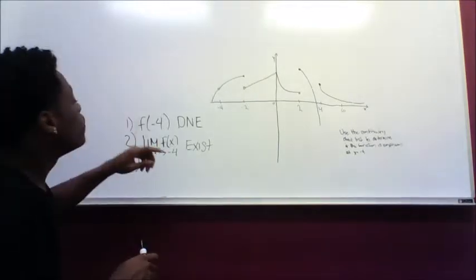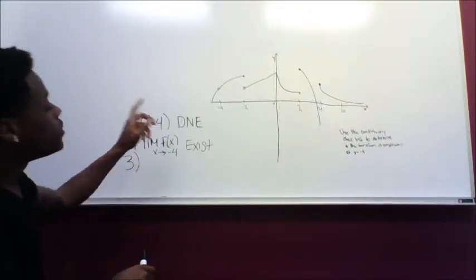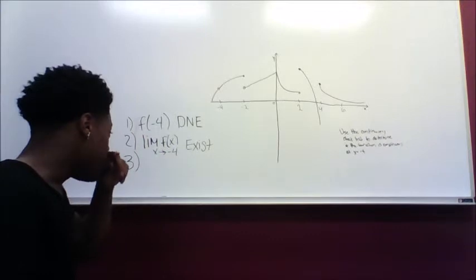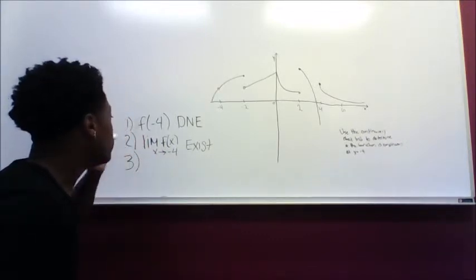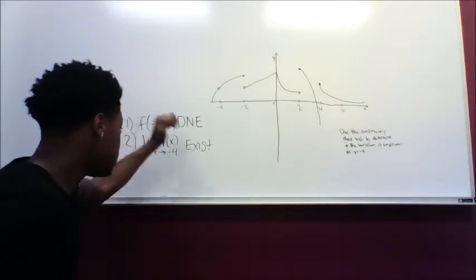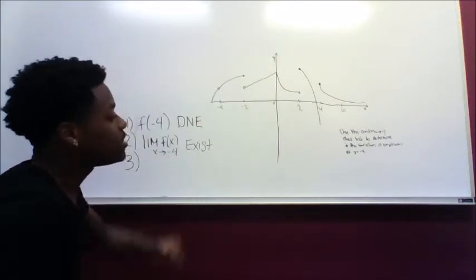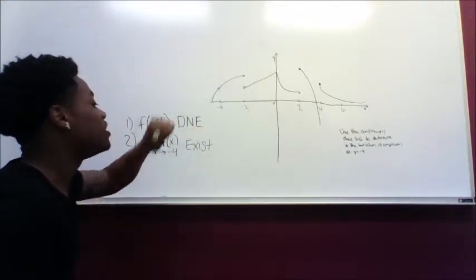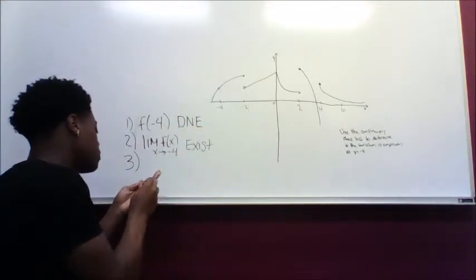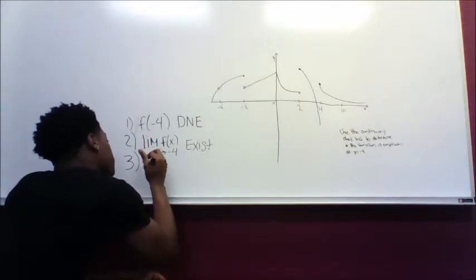Alright, third, we see that f of -4 does not exist, and the limit of f of x as x approaches -4 does exist. And when those are two opposites, where one does not exist and one does exist, that's how you know that the function is not continuous.